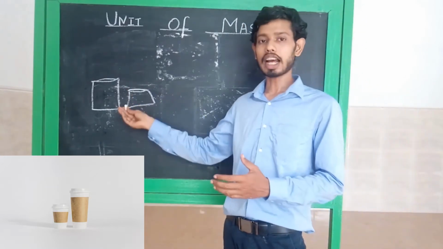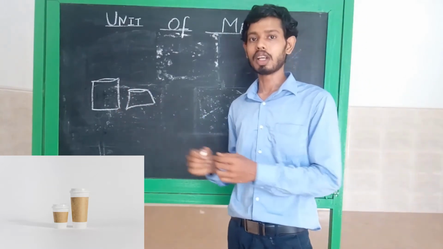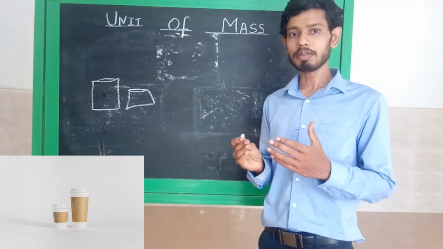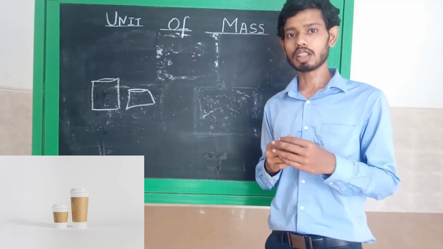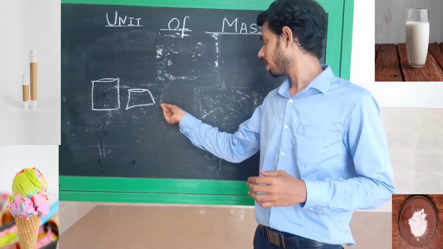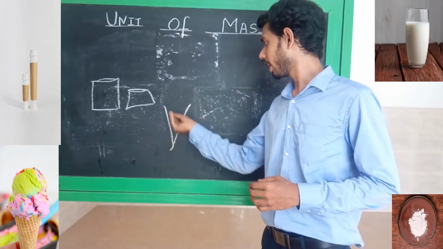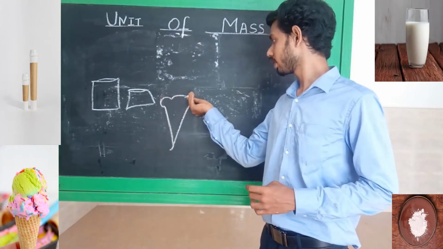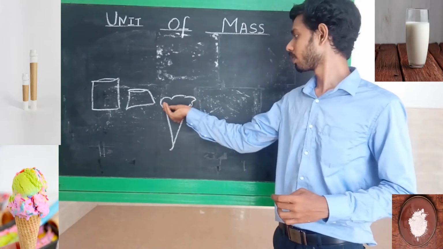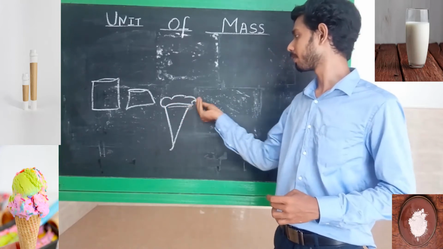So, if we have different sizes of cup and make the ice cream with different measurements, then what will happen? The final output, that is the ice cream, will not be the same.